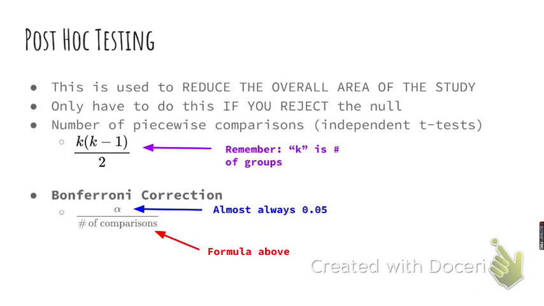This is by far the weirdest part of ANOVA testing, and then after this, I believe, is my two examples. Post hoc testing. Definitely a typo. It's not the overall area of the study. This isn't third grade. It's the overall error.